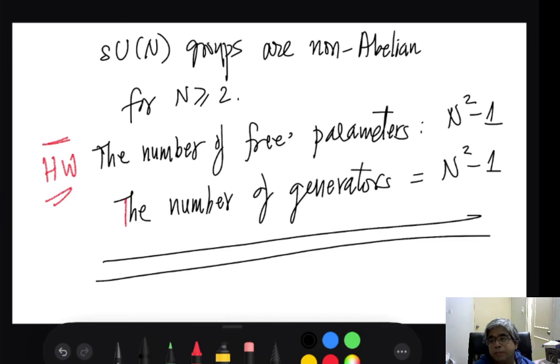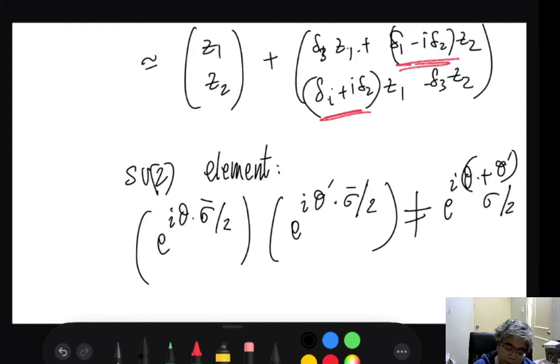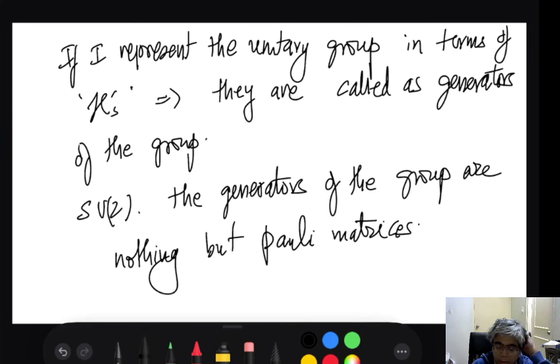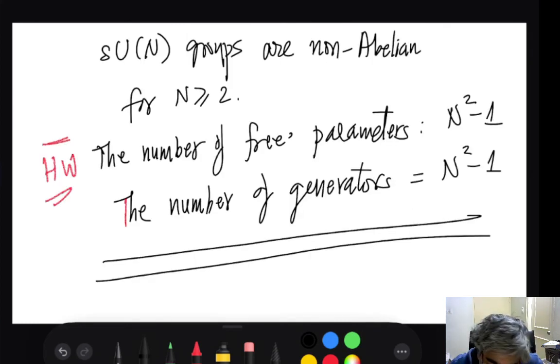Now coming to the representation properties, these are the number of generators and the number of free parameters.